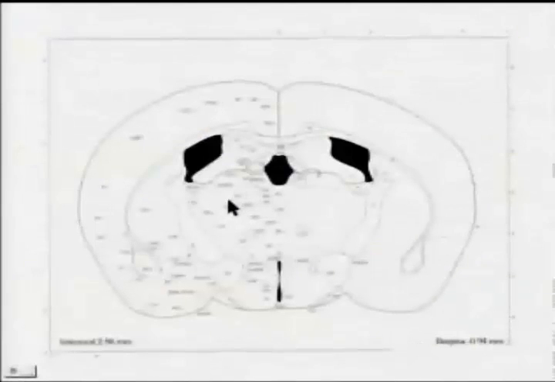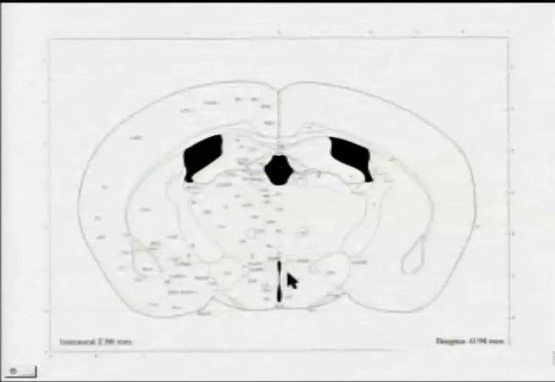So the next slide is a coronal section through the rat forebrain taken from the Paxinos and Watson stereotaxic atlas. It is at the level of the paraventricular nucleus of the hypothalamus, either abbreviated as PVN for paraventricular nucleus, but there's also a paraventricular nucleus of the thalamus, so I like to use PVH as the abbreviation, the paraventricular hypothalamic nucleus. Regardless, let's not be concerned about that.